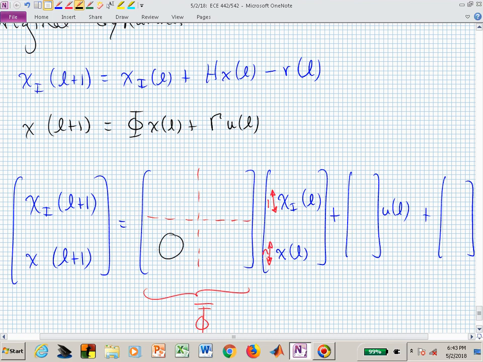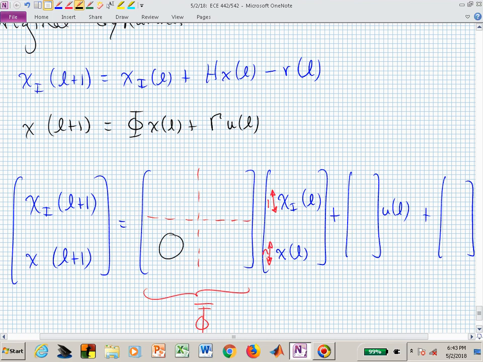That submatrix 0 is dimensionally what? What size is that matrix of zeros? How tall is that? If you had to fill all these zeros in, how many zeros do you have? 1? 2? 3? 4? It has to be compatible with the rows in x, does it not?